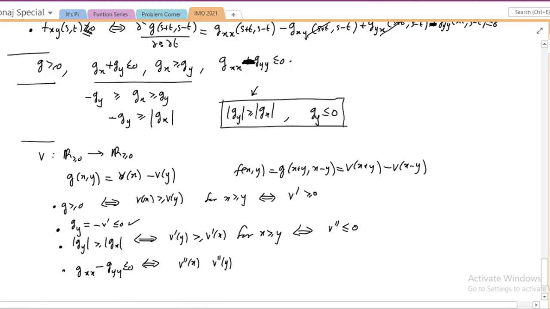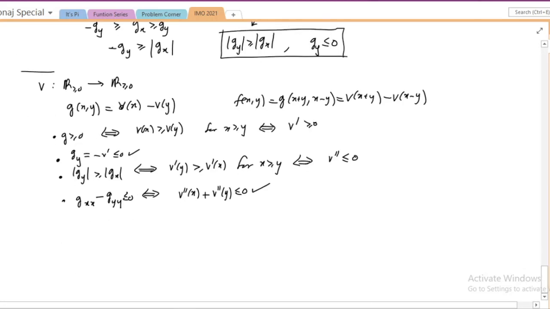We'll take g with respect to y twice. We get minus v double prime of y. So minus and minus will cancel out to give plus, less than or equal to 0. But we already know v double prime is less than or equal to 0, so this part is also satisfied. So it all boils down to just two things.